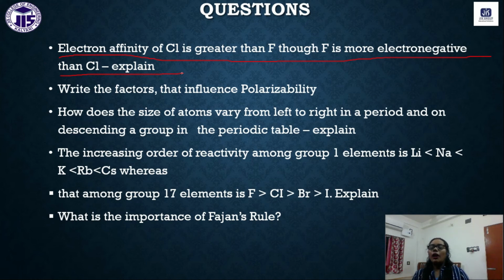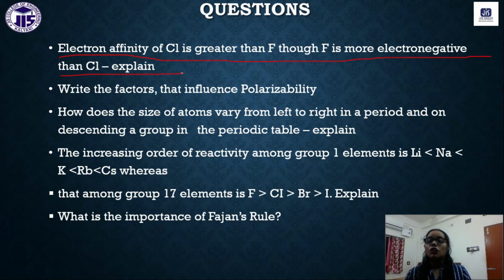Okay, so what will happen, the atom which has the tendency to pull the electron towards itself, for that atom the electron affinity should be higher. But what will happen for the fluorine, this is the exceptional case.